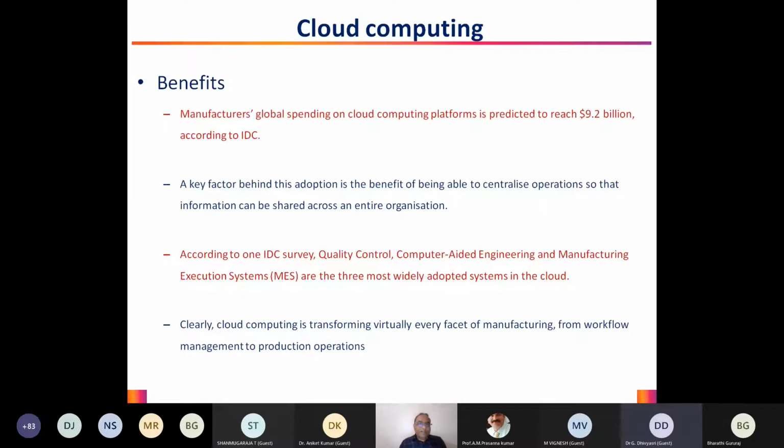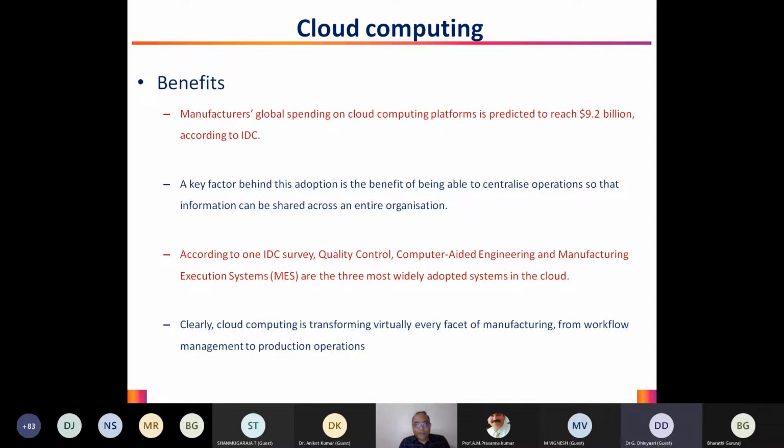Among the various benefits that come with cloud computing, there is a survey from the International Data Corporation which says that more and more companies are ready to pump lots of money into cloud computing. As of now, in the early 2020s, it has already reached a $9.2 billion industry.